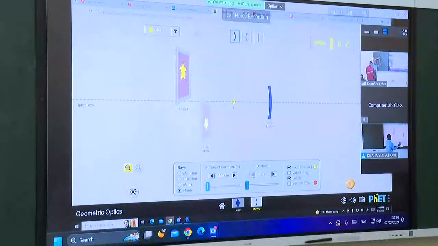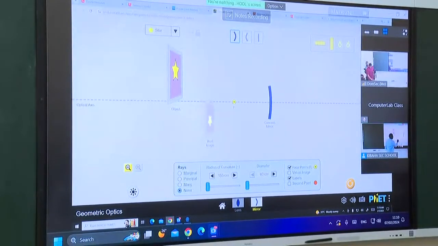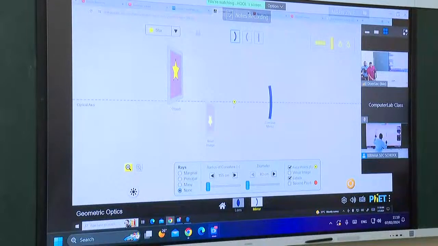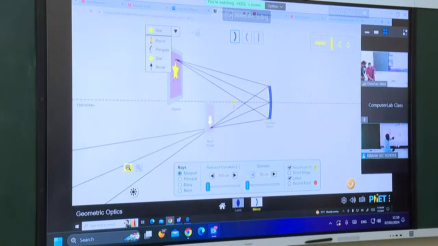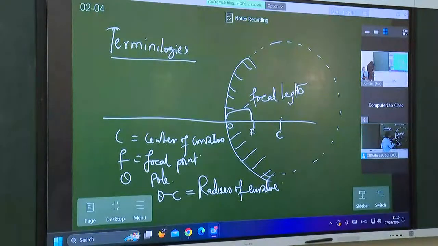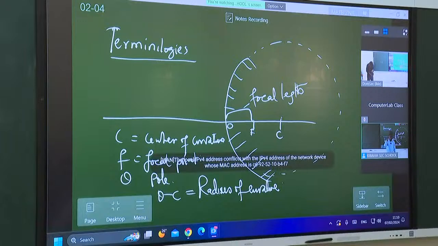From our diagram here, we only see the object, we see the image, we see the focal point labeled there, point F, and if I now introduce the rays, then the rays appear on that board. But if we don't have the image, then we can say that all these rays have the principle of their motion. But if you come to the point of discussing a focal point, then we say that the focal point is a point whereby all rays reaching the mirror can be reflected away from or towards.